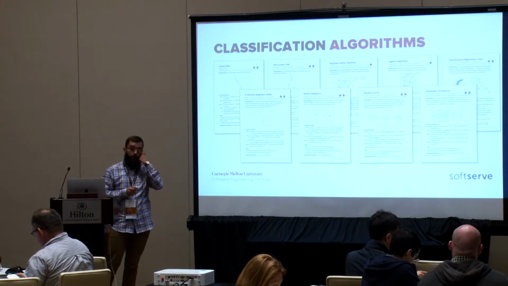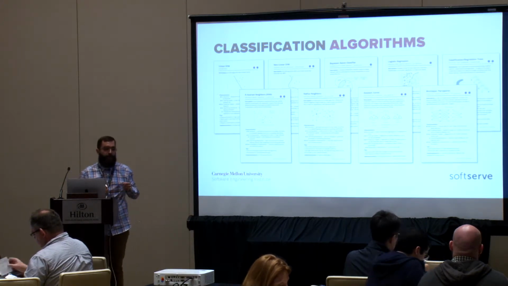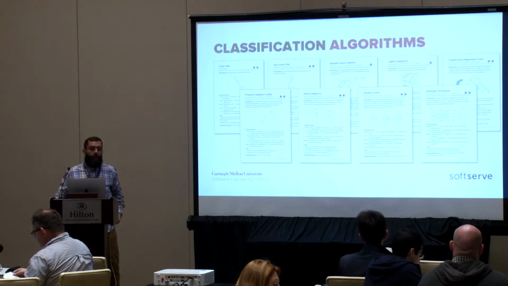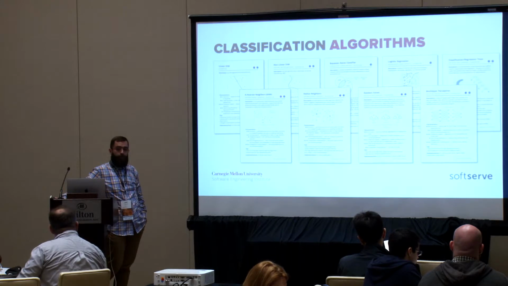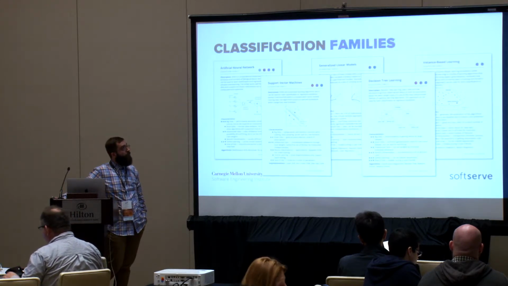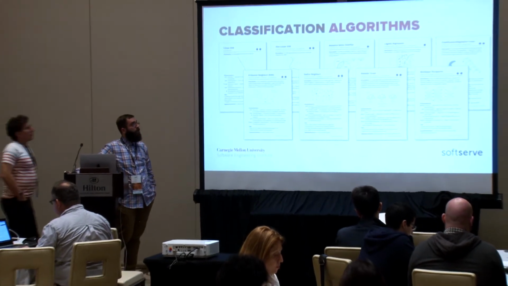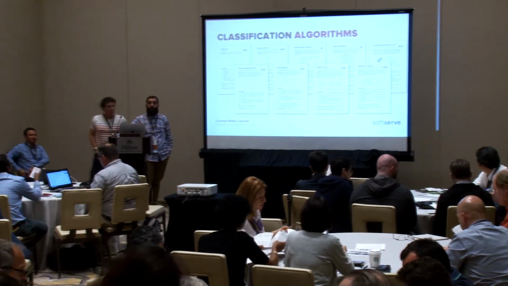So now I'm going to give you 1 minute to shuffle your deck and select those cards, because those are the ones that we're going to use for our practical exercise. Five families and 9 algorithms. You don't have to choose anything.